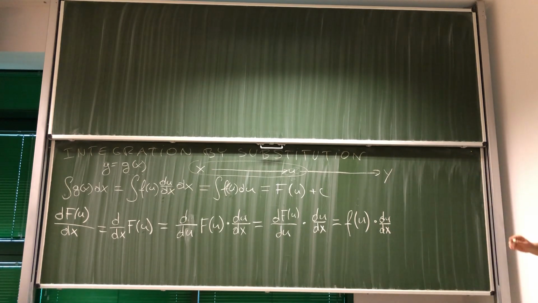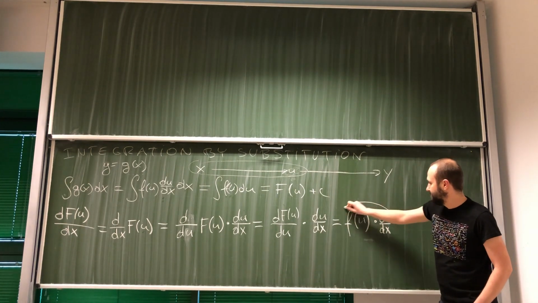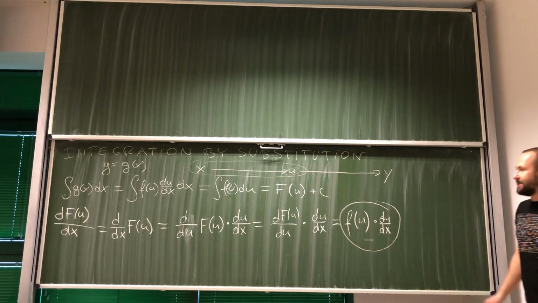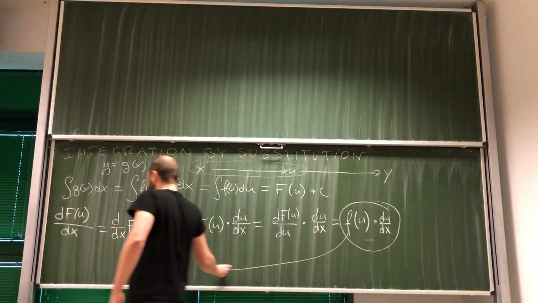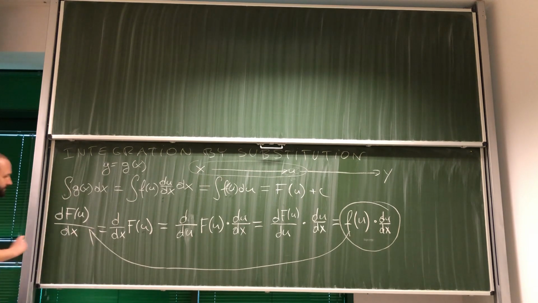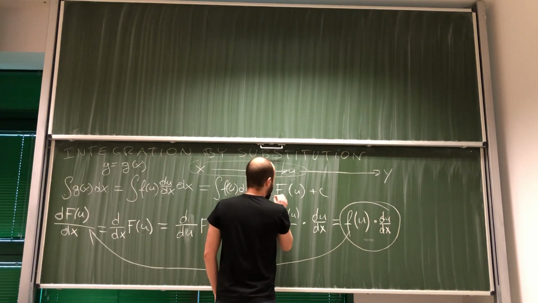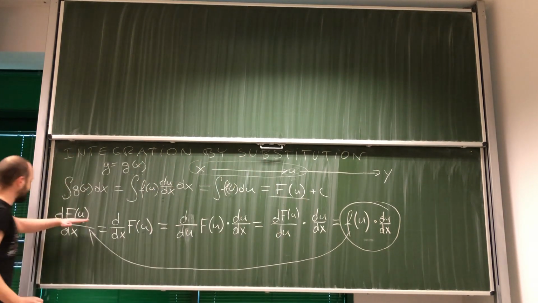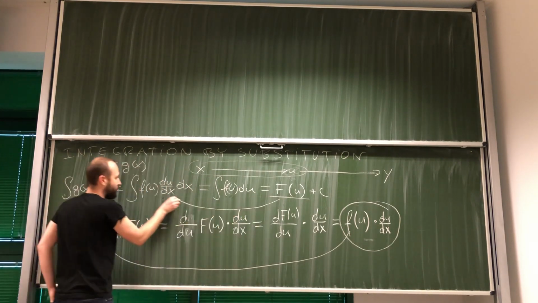Basically, what we've shown over here is that if I'm going to have this somewhere inside the function, I can transform this into this expression, right? This is our f of u, the same as it's here, but not differentiated. And we are transforming it into this.